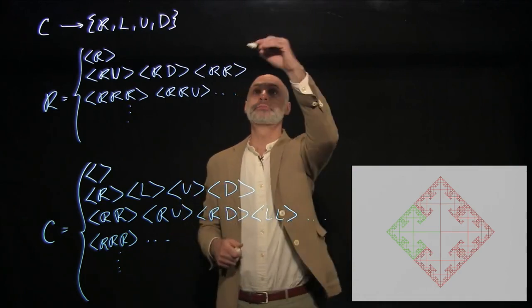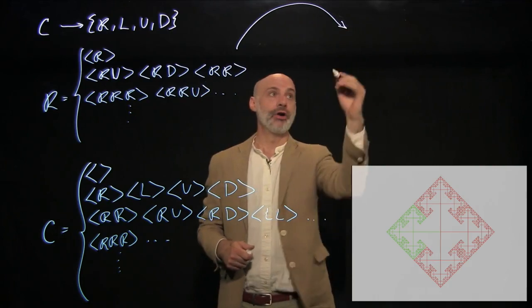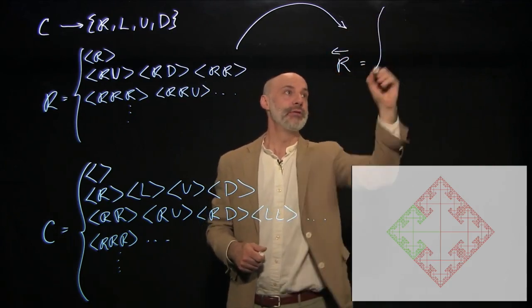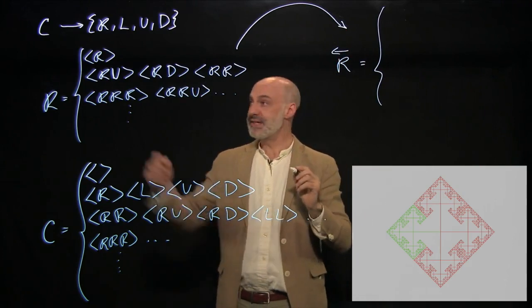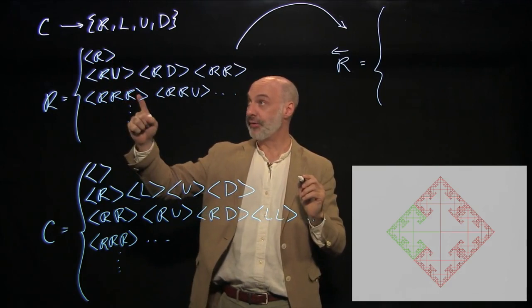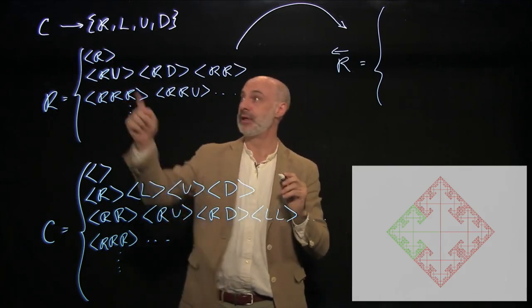So what we do is we go from this set R to a set R arrow, which is the result of taking each path in R and removing the first step.